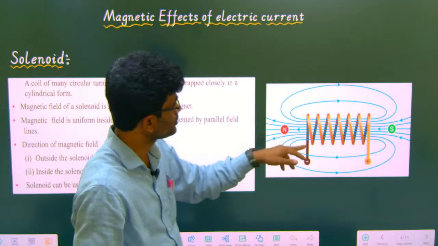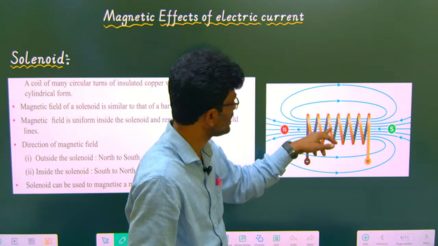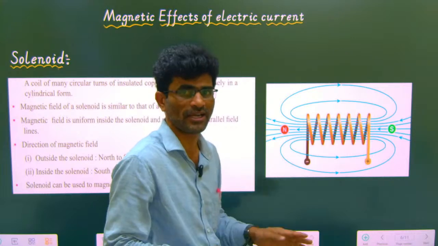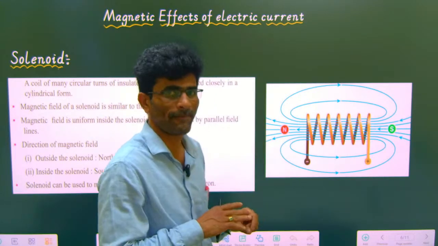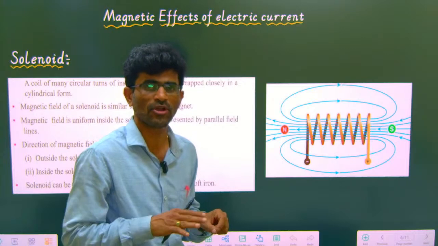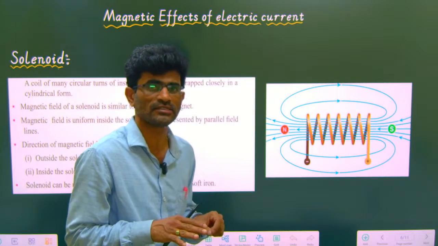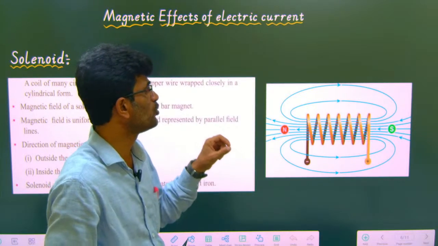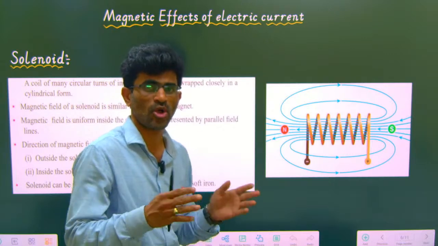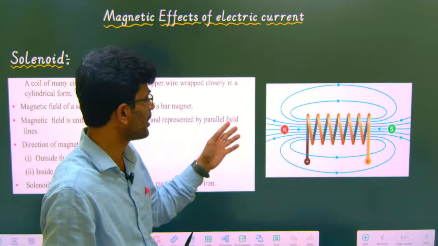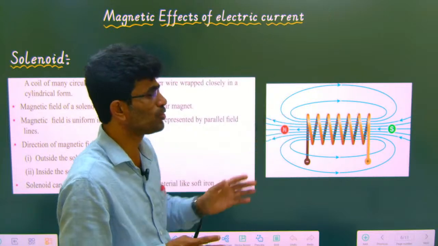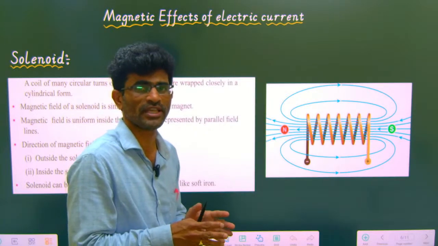And here you can observe all the magnetic field lines inside the solenoid are parallel. Means what? Inside the solenoid, parallel magnetic field lines are there. Because of these parallel magnetic field lines, the magnetic field will be uniform, not stronger at some point and weaker at some point. Outside the bar magnet, we observed at poles, due to closeness of the magnetic field lines, it is stronger.